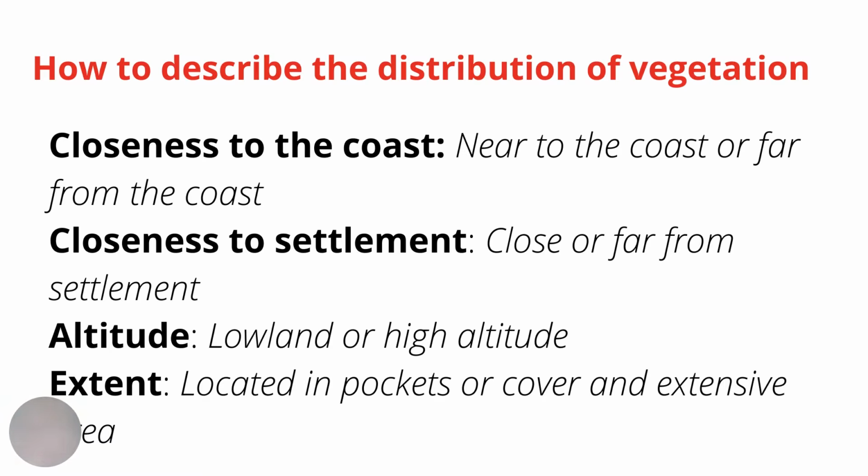You could talk, and this is important, well, all of these things are important anyway, it's important for you to talk about the extent that the vegetation covers. All right, so sometimes they are located just in small areas, in little pockets, in little clusters, or they might extend over a wide area. All right, so when you are describing, these are some of the things that you want to talk about.